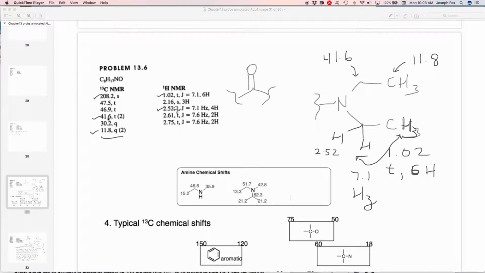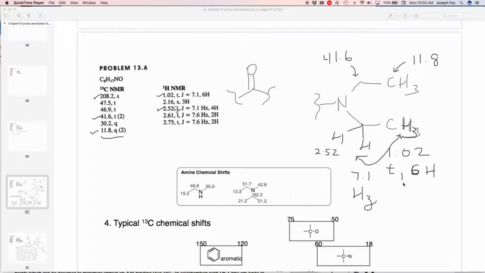That seems pretty consistent with our peak here at 42 ppm, which is a triplet, and then we have a peak at 12 ppm, which again looks more or less in line with what we see from our tables. And so we can go ahead and make a guess that the peak at 41 is going to be the methylene next to the nitrogen, and the methyl group is going to be attached there.